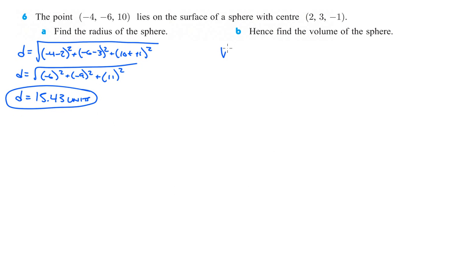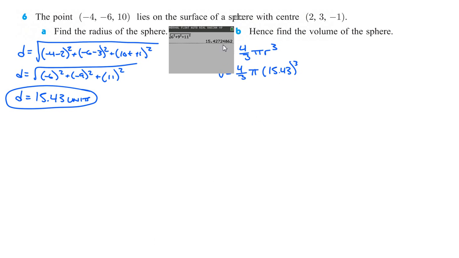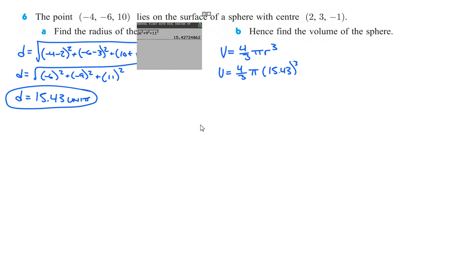That's where you'd have to look up the volume for a sphere, which is, I believe, 4/3 pi r cubed. So we should be able to plug that in and away we go. 4/3 times pi times 15.43 cubed. So 15.43 is already in there, so I'm just going to take that to the 3rd power, multiply it by pi, which is on here somewhere.